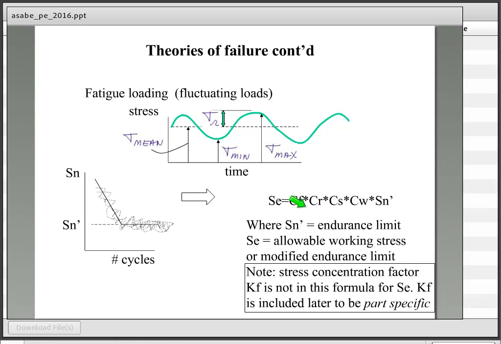And so basically, if you had a material, maybe you're working with a steel that had a yield stress of say 60,000 psi.